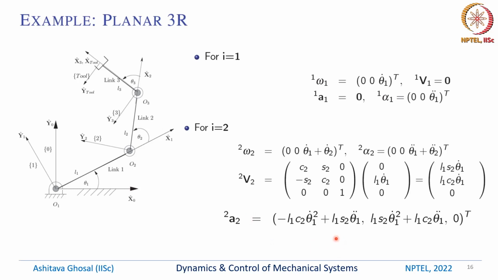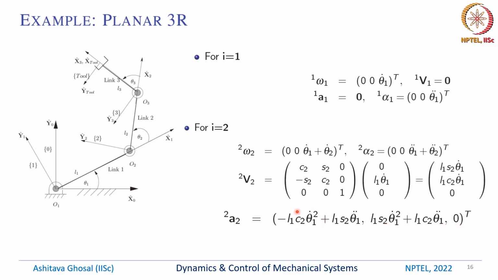The acceleration, on the other hand, will have the derivative of this with respect to the 0 coordinate system and then rewritten in the second coordinate system. You will have all these terms. So you will have minus L1 C2 θ1 dot square plus L1 S2 θ1 double dot, then L1 S2 θ1 dot square plus L1 C2 θ1 double dot, 0.